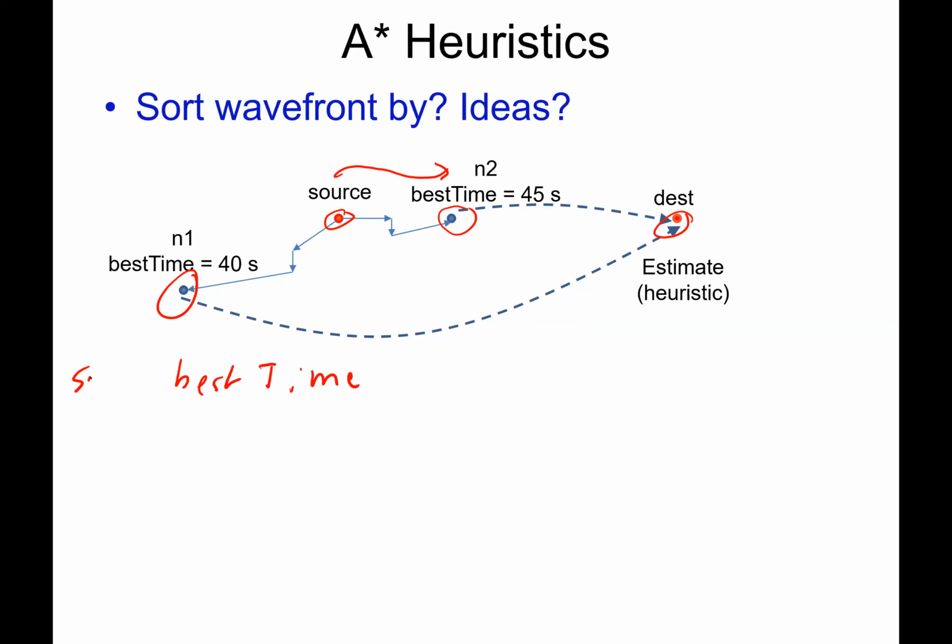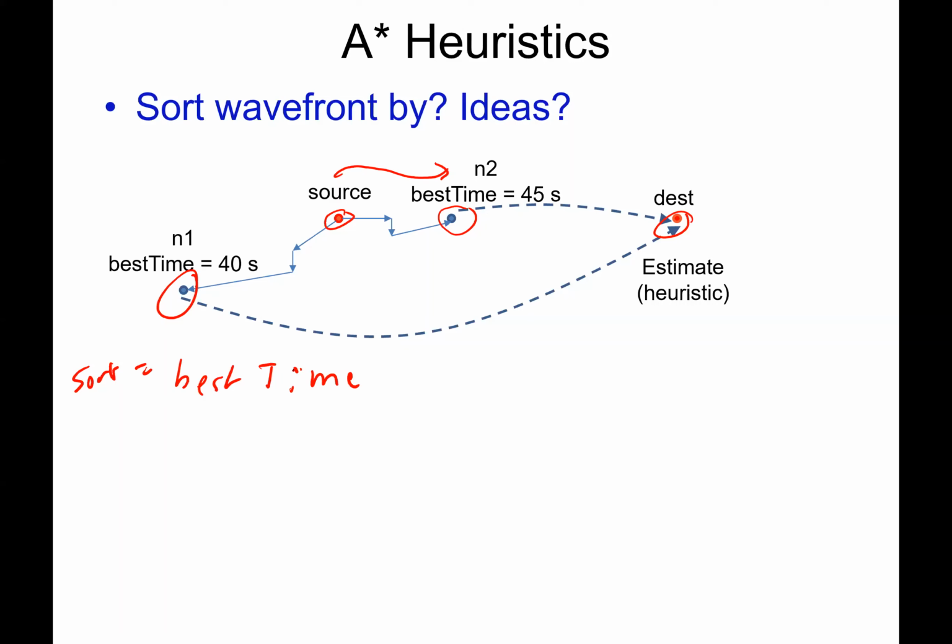Our sorting function should include best time, but also something that guides us to look at N2 first. So maybe we should look at the distance to the destination, which we can compute quickly because we know we're inside a graph that represents a city, so we can get the positions of everything.